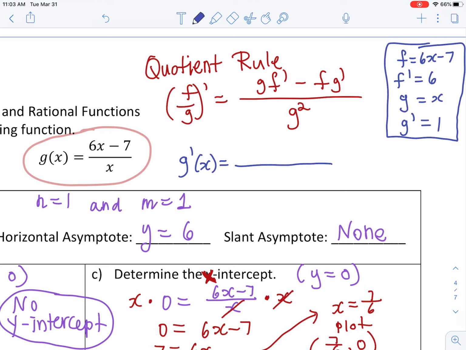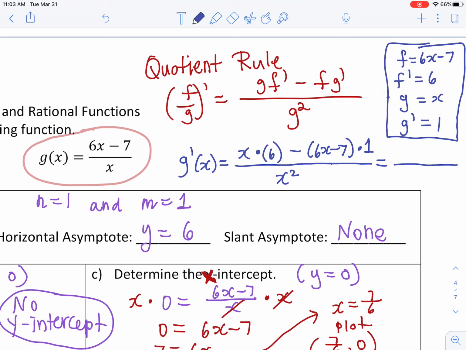The denominator will be g squared, so I need x squared in the bottom. The numerator is g times f prime, minus f, which is 6x minus 7, times g prime, which is going to be 1. Nice. It's not going to be that bad at all.